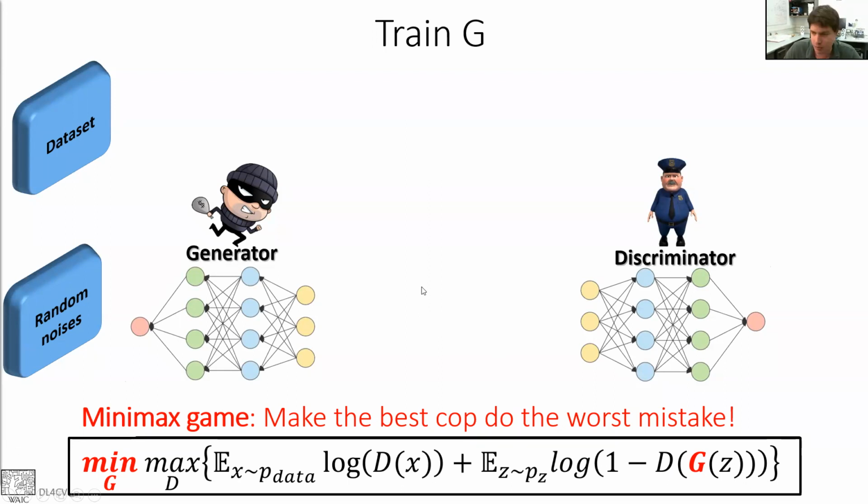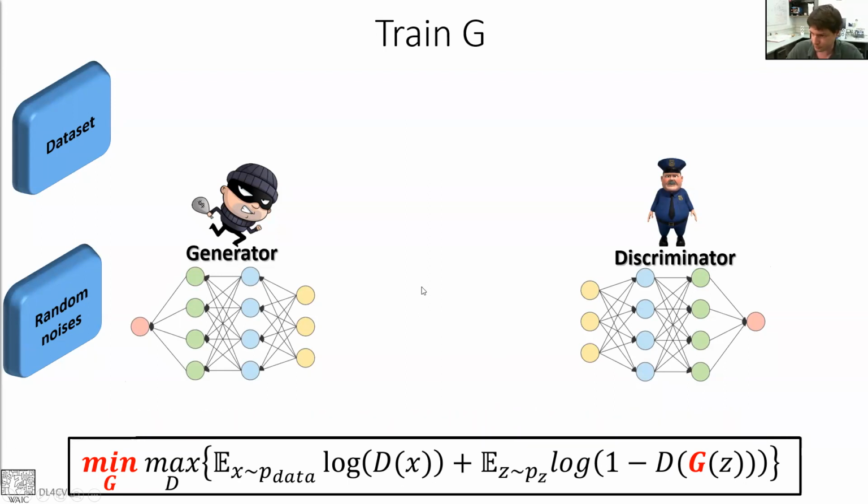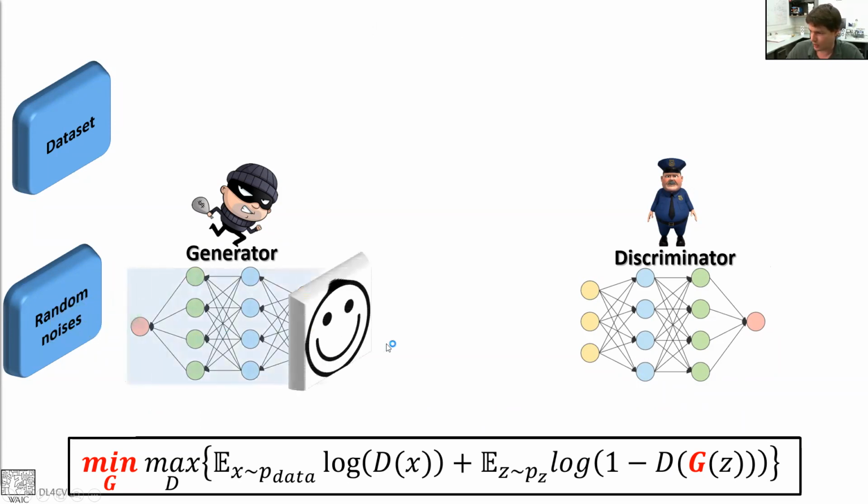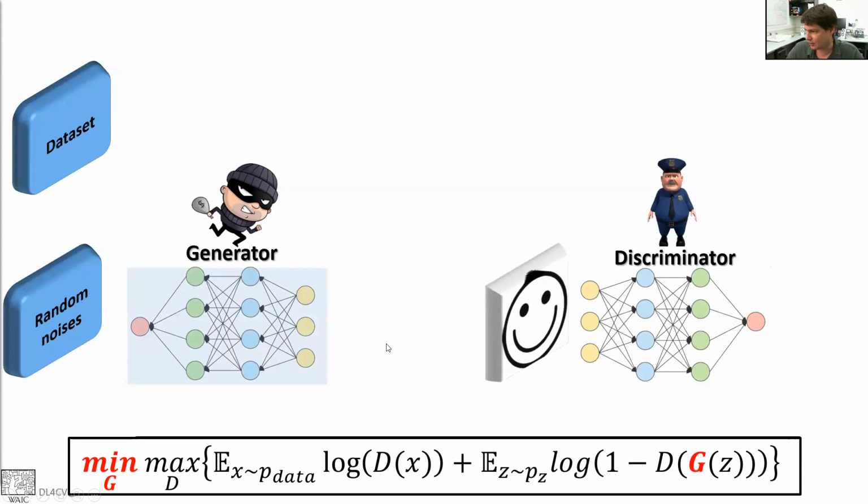So in practice, how do I train G? I create this random noise, generate an image and send it to the discriminator. Remember there is no way of training G independently. D exists just to train G. So what kind of label do I want to provide now when I'm training G and I send this image to the discriminator?